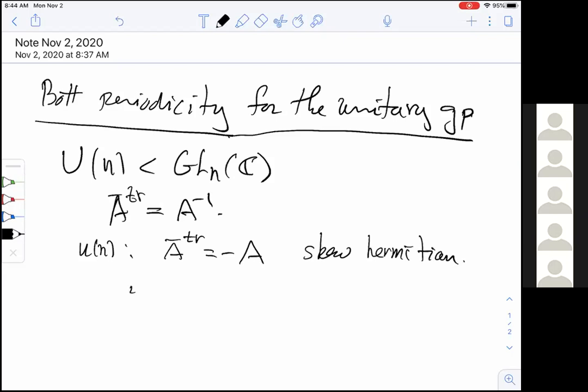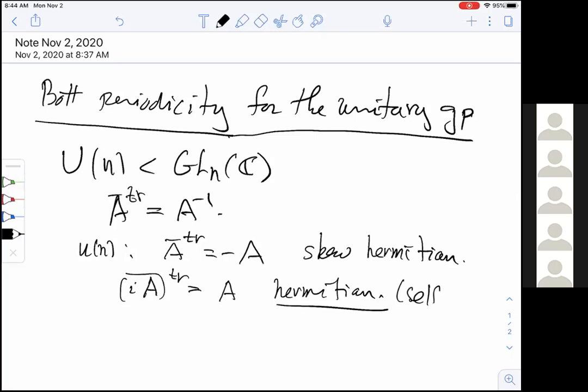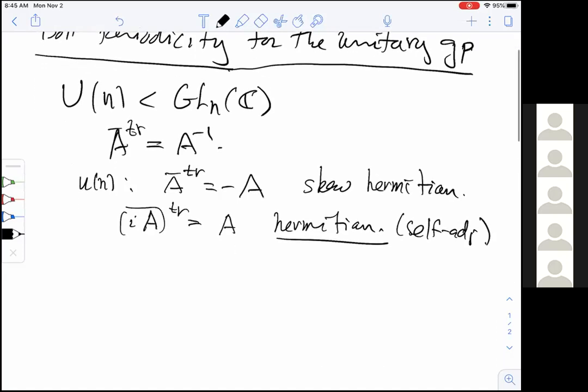It's often easier to work with i times a skew-Hermitian matrix, which is then a self-adjoint, or Hermitian, matrix. So we can apply the usual theory of self-adjoint matrices to iA.